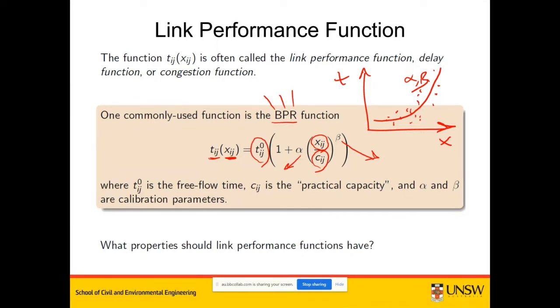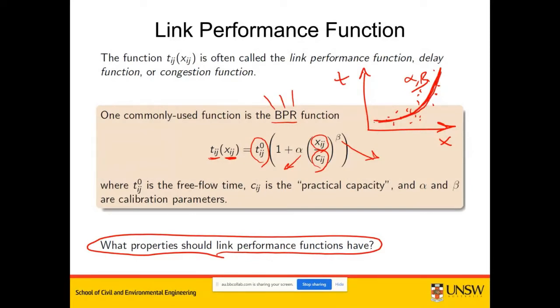But what properties should link performance functions have, in your idea? If you want the equilibrium problem to have a unique solution, the link performance function must be monotonically increasing. So in this case, this BPR function is monotonically increasing. It looks like this.